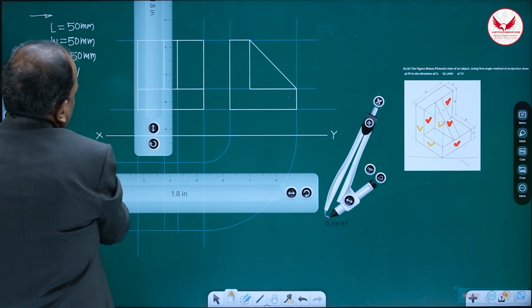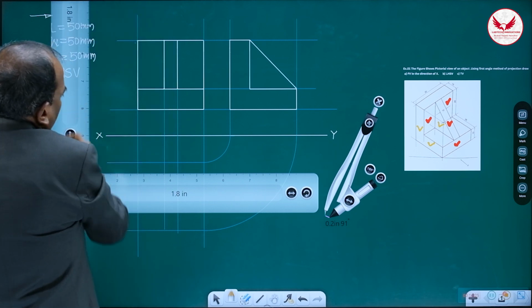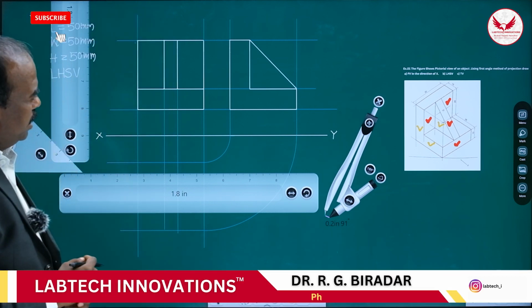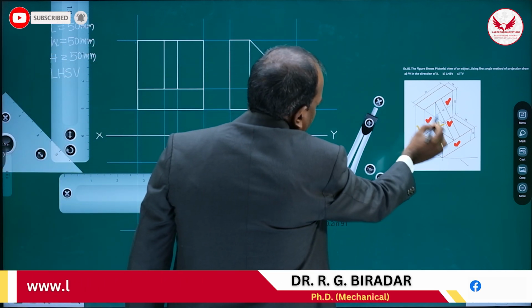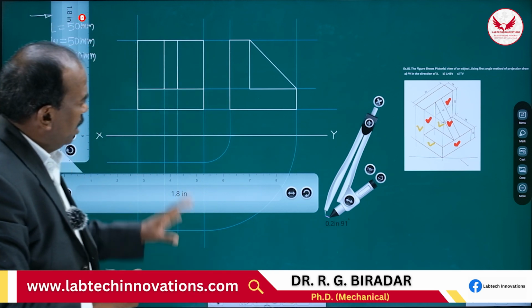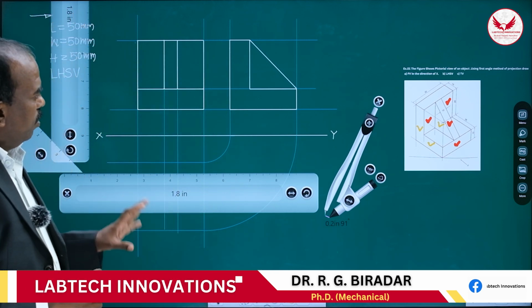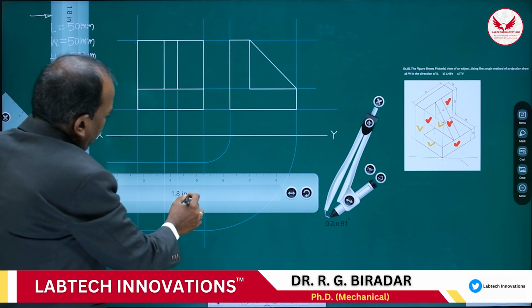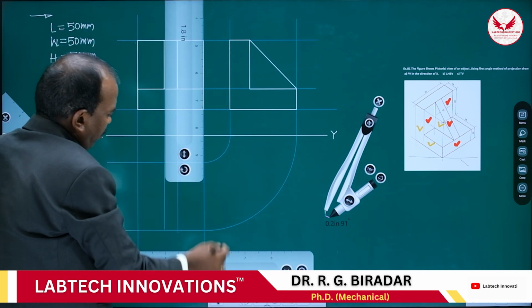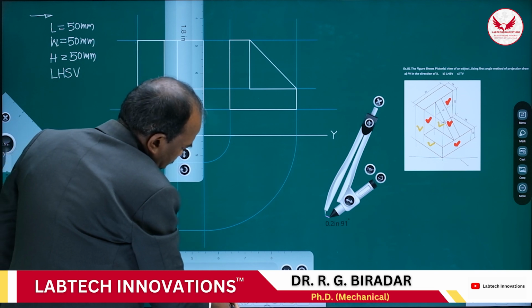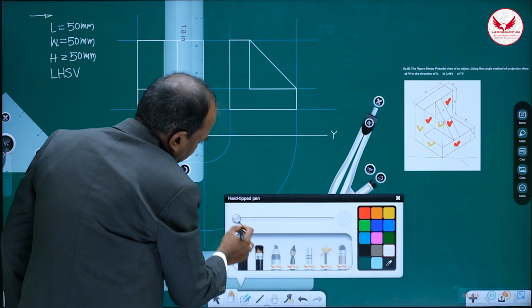Now it is the complete side view. In the side view, only two major parts are there, this L shape and this triangular shape. Nothing else is there, and that we have drawn. Now after this, for drawing the top view, if some vertical line is there in the side view, you can take its help. How can we take its help?